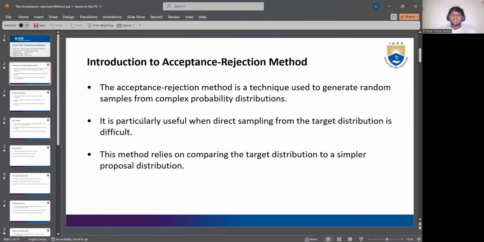This method is particularly useful when direct sampling from the target distribution is not possible, like taking a direct sample from the target and using it to distribute is very difficult. We may take multiple samples from the probability system, and we can use the multiple samples by this method to get the probability distribution. This method relies on comparing the target distribution to a simpler proposal distribution.